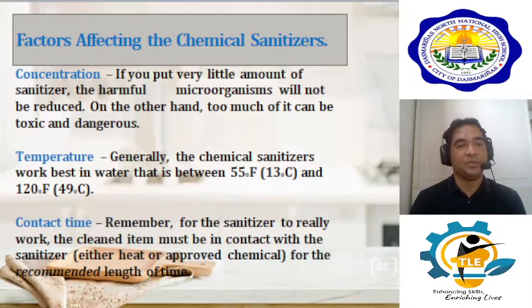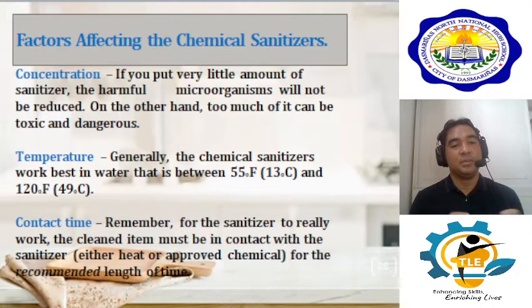All right. So number two, temperature. Generally, chemical sanitizers work best in water at a temperature between 55 degrees Fahrenheit and 100 degrees Fahrenheit. Okay. And then another factor is contact time.